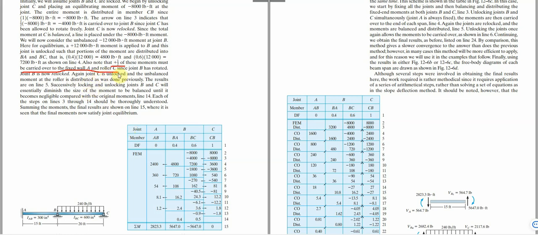And again, joint C is unlocked, and the unbalanced moment at roller C is handled as done previously. The results are now on line 5. What did they do in this line 5? This one times negative of this, we have minus 3,600. This one times negative of this, we have minus 1,800.